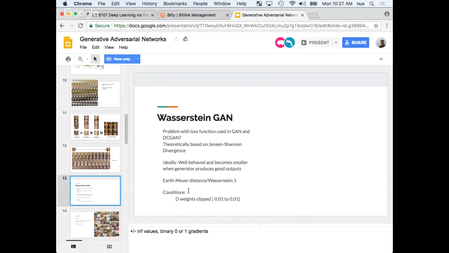Now, to calculate this empirically, it's kind of hard because in the paper they make a bunch of assumptions to ensure that the function becomes tractable, as in it becomes well behaved, and that you can calculate it at all points. But one of the assumptions that they make is that the weights of the discriminator have to be clipped within this limit.